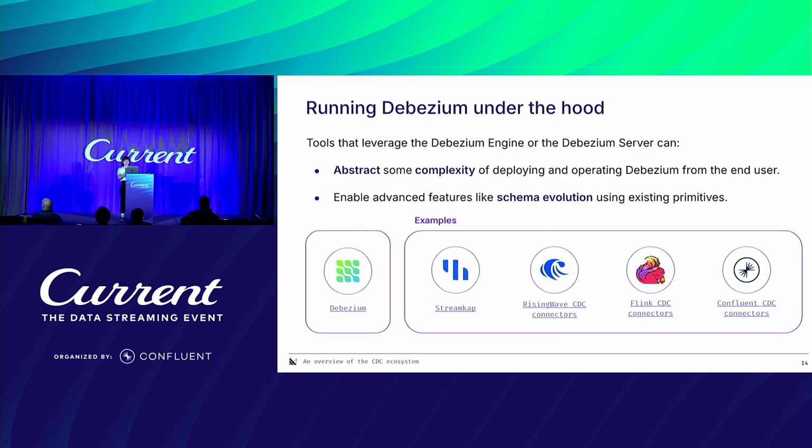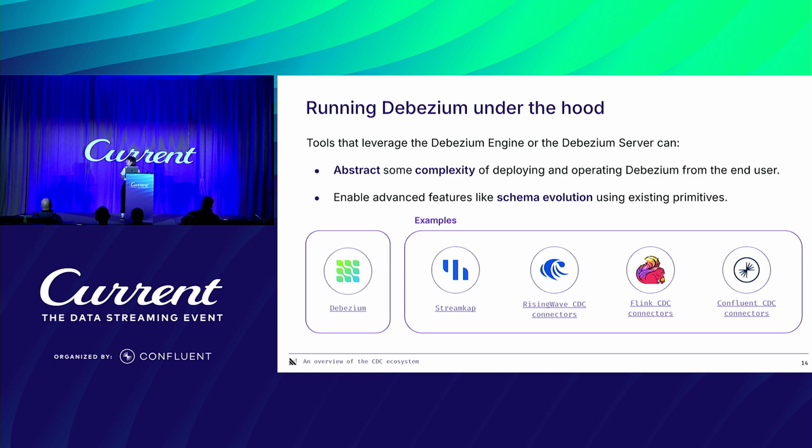So the first class of tools uses Debezium to abstract some complexity of operating multiple systems or writing and maintaining the code yourself. And because this means that these tools don't really have to build connectors for each different database, it also means that they can spend some time enabling the harder bits of making things like schema evolution work or making connectors that respect upstream transaction boundaries to improve correctness.